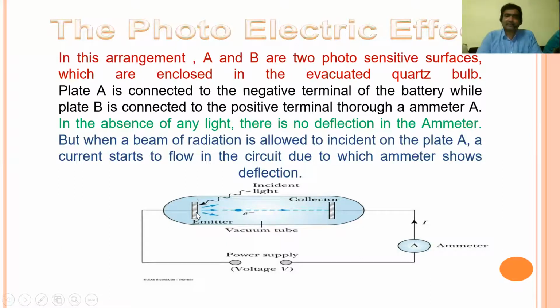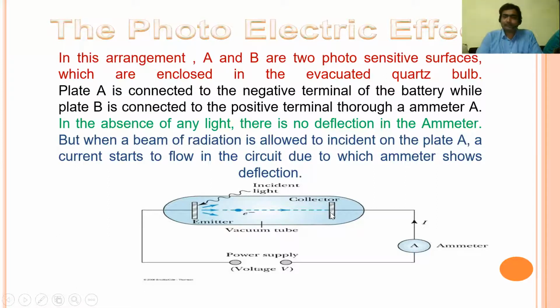That is called a photosensitive metal. A current starts to flow in the circuit, due to which the ammeter shows some deflection, which means that when incident light is falling on this plate, it ejects electrons. This effect is called the photoelectric effect.